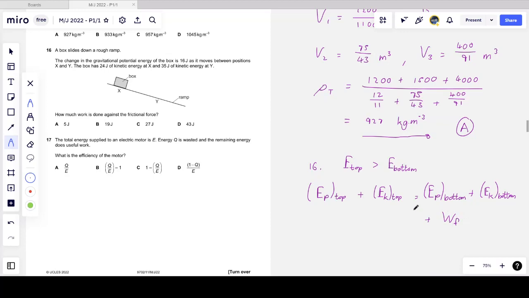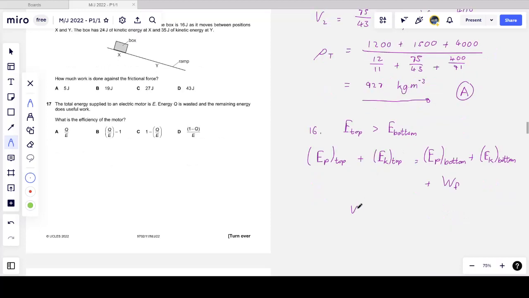We'll call it W with a subscript F. And so I can solve for WF.